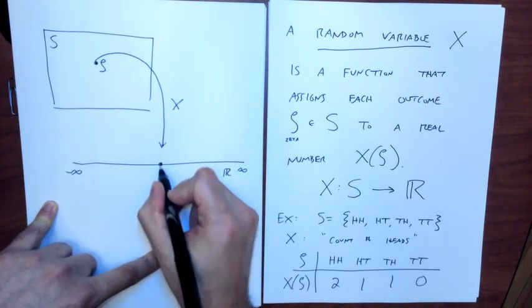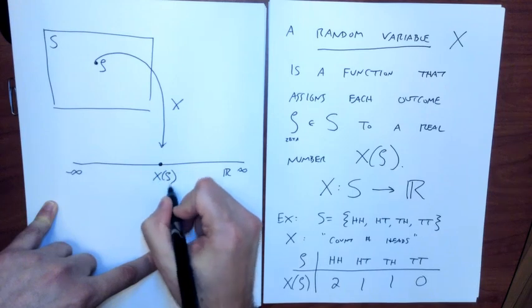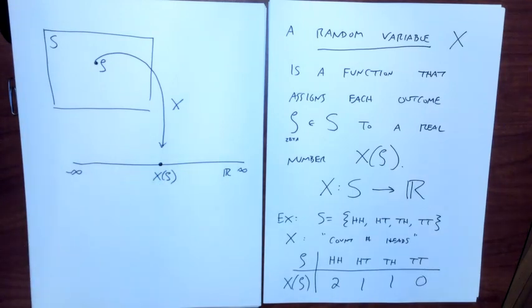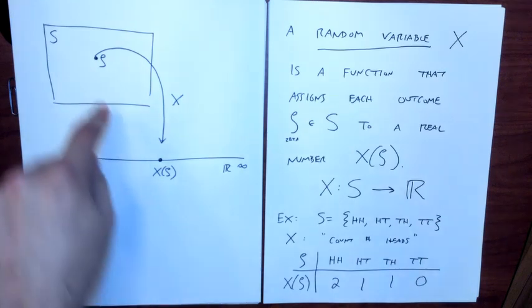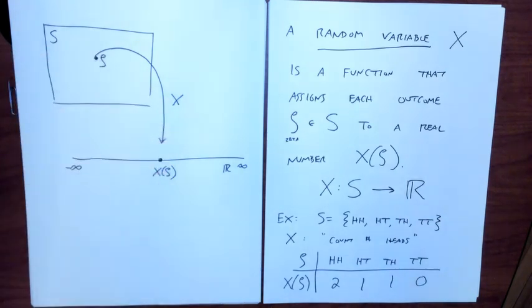And that value that it lands at is this X. Okay? Simple idea. And so what we're going to talk about today is situations where this outcome gets mapped to a discrete set of values, meaning 1, 2, 3, 4 values I can count on my fingers, right?